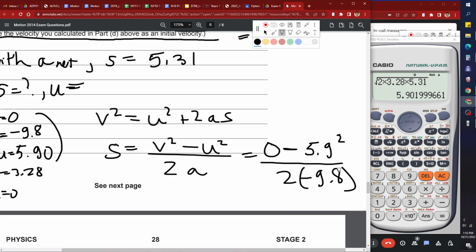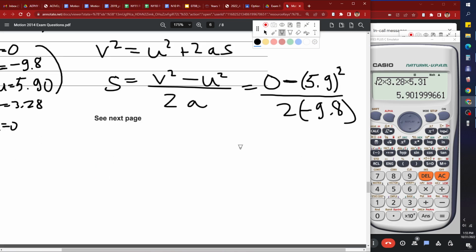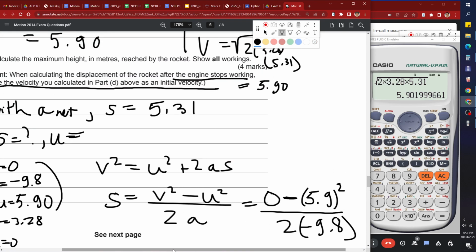You see, it all works out. There's going to be a negative from the acceleration, and this square is going to be still negative. It should work out to about 1.78 meters.